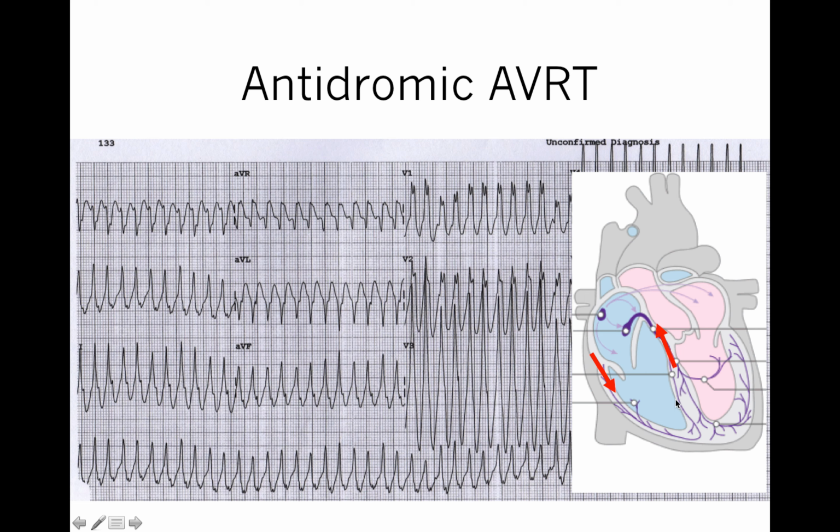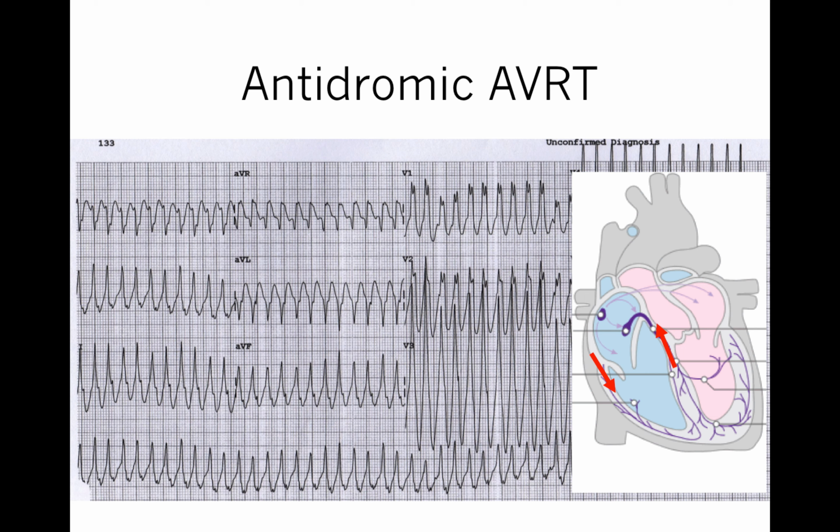And because now you're not going through the His-Purkinje system, you get a wide QRS, and what we call antidromic AVRT. So this is AVRT, the same rhythm that causes a narrow complex tachycardia, but when it goes through the pathway and up the AV node, it looks wide, and it causes antidromic AVRT, which is a wide complex tachycardia.